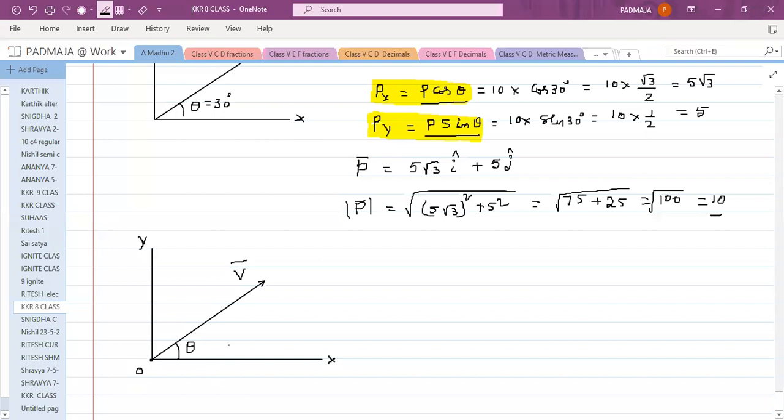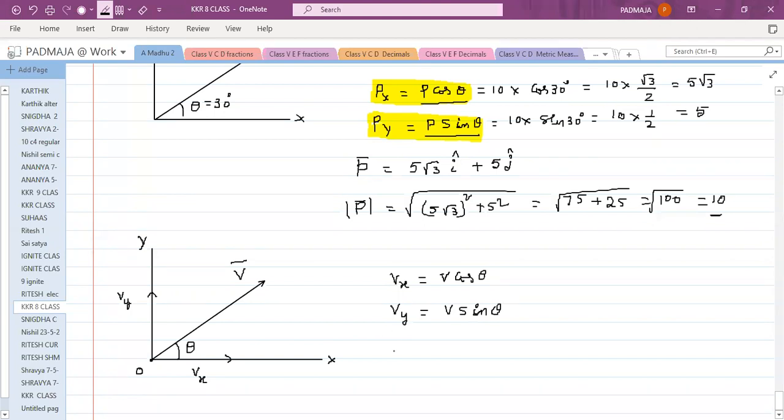Then this particle has a component of velocity v_x along the x-axis and a component of velocity v_y along the y-axis. The component of velocity along the x-axis is given by v cos theta, and the component of velocity along the y-axis is given by v sin theta.